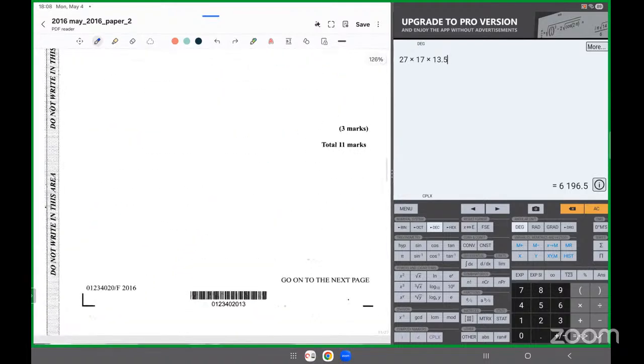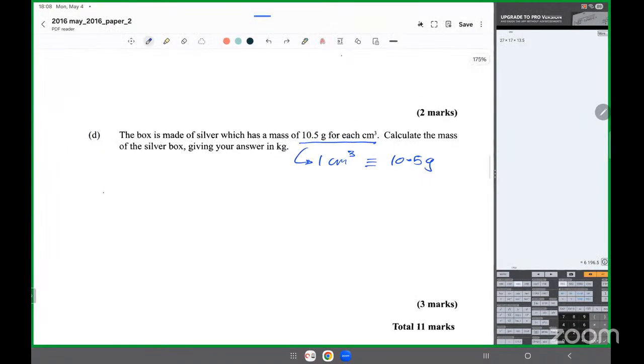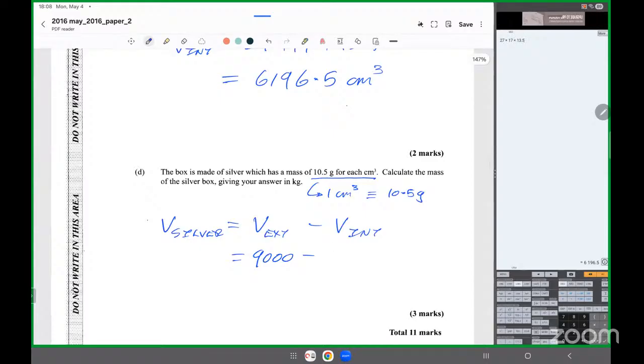So the volume of the silver must be equal to the volume externally minus the volume internally, which was 9,000 minus 6196.5. Let's work it out over here.